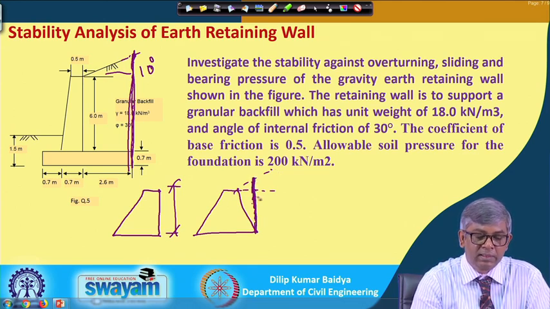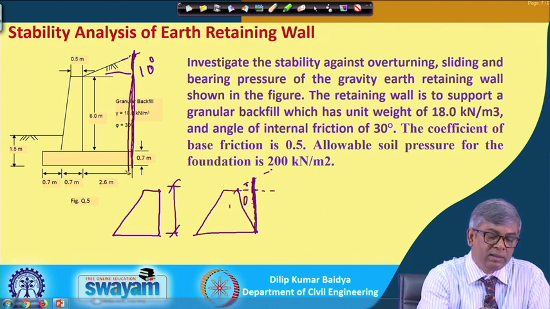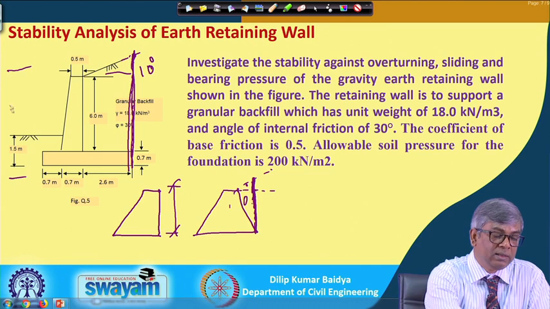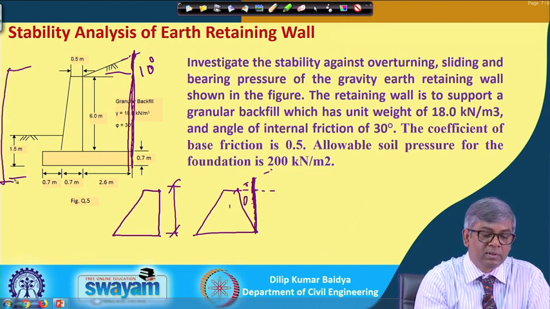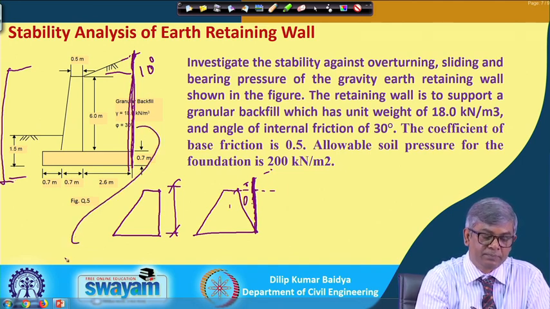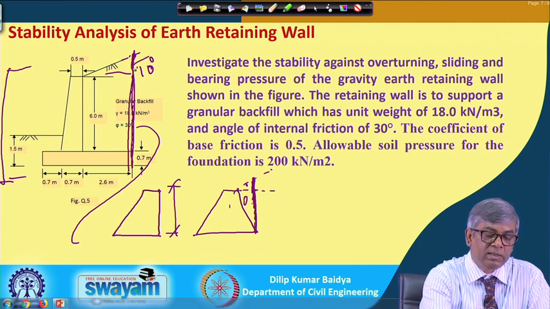This soil weight comes onto the retaining wall. So when I consider this wall, initially the wall height is, suppose, given as 6 meter and this is 0.7. So it is 6.7 from here to here, but for earth pressure calculation purposes, I will find the actual modified or imaginary height.